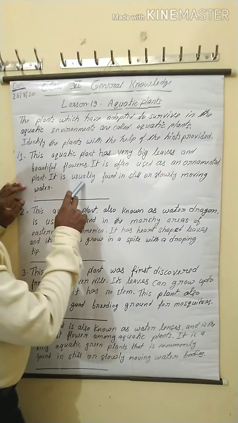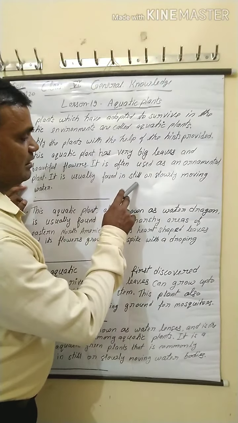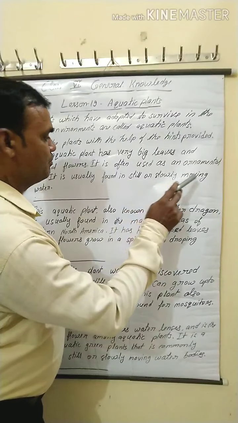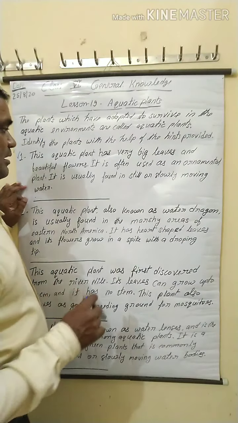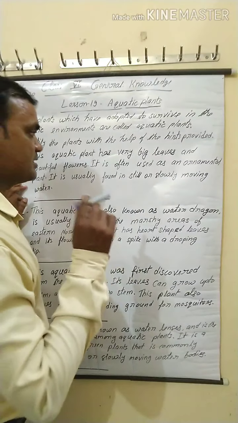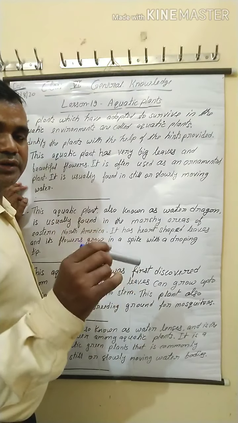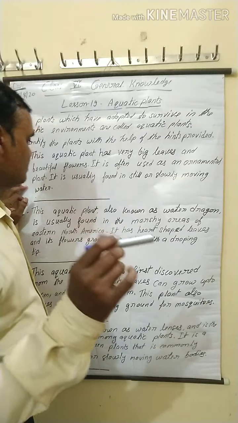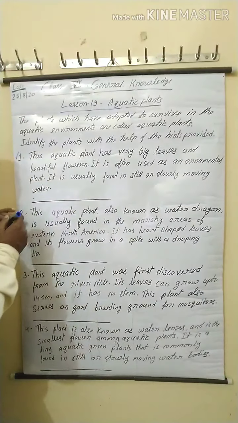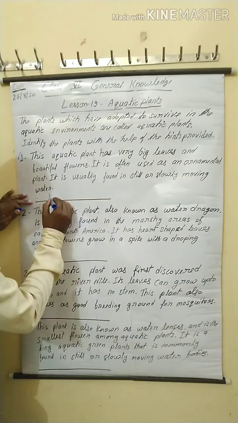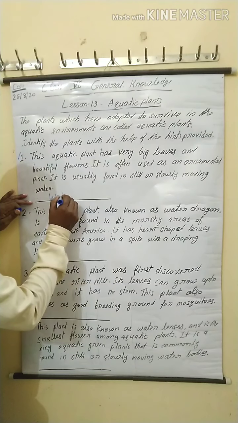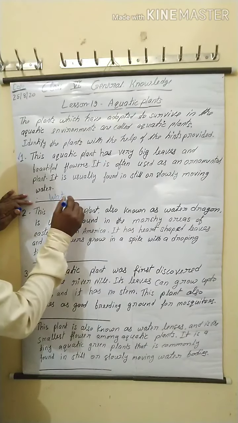It is usually found in still or slowly moving water. Which aquatic plant? Water lily.